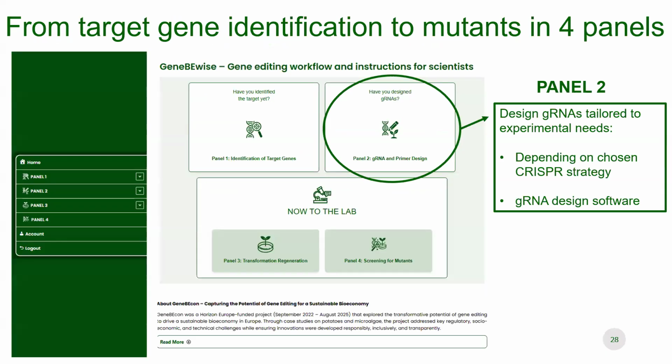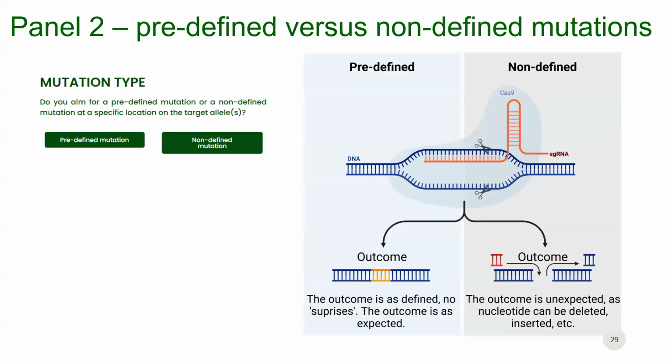And then we go to panel two to actually design the guide RNAs depending on the chosen strategy. And we give in this panel a lot of guide RNA design software. The first question that we ask there is if you want to have a predefined mutation or a non-defined mutation. With a predefined mutation, we really mean, for instance, when you also include a template so that you really know the outcome, not only the place where the mutation will occur, but also the exact outcome of the mutation.